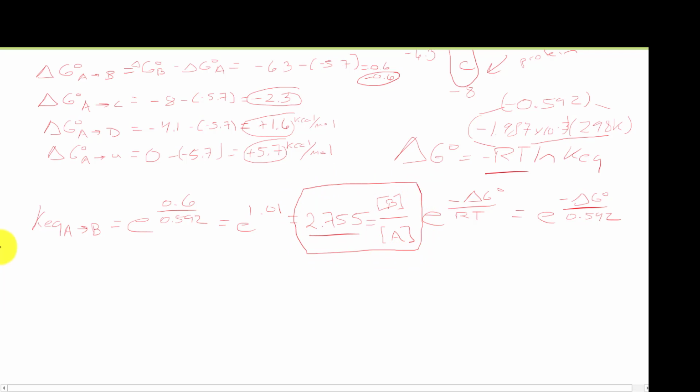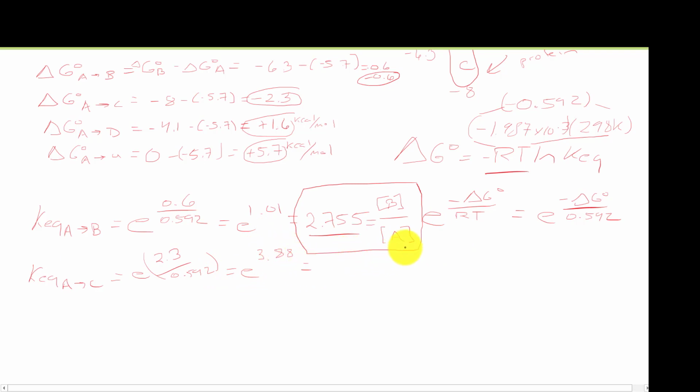Cool. All right, so let's do the same thing for the others. KEQ for A to C is going to be E to the positive 2.3 over 0.592. So positive 2.3 divided by 0.592. This is E to the 3.88.